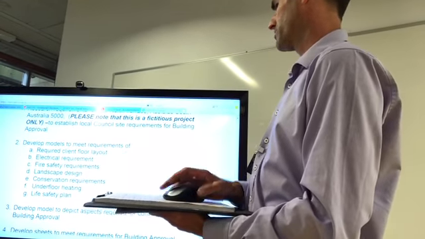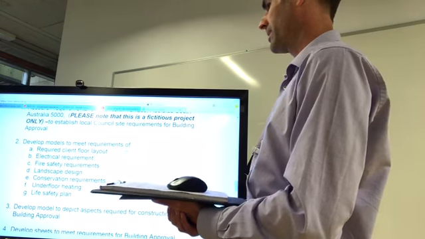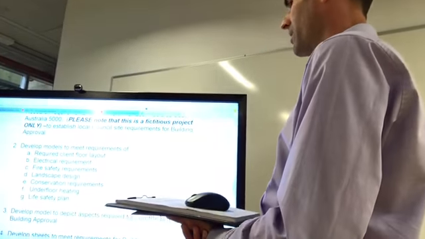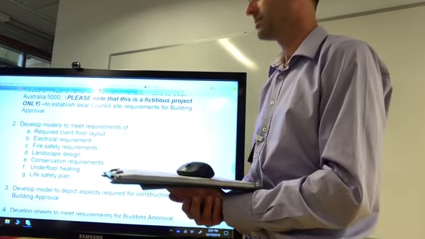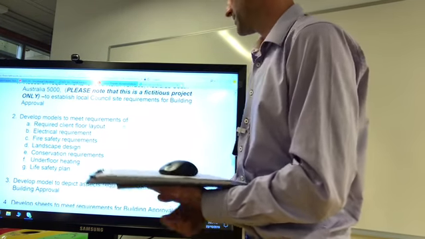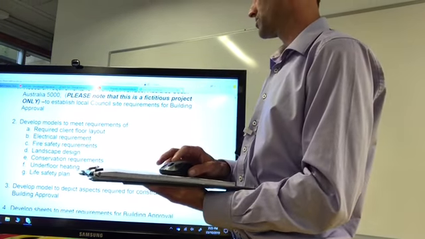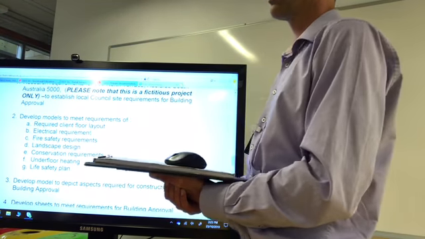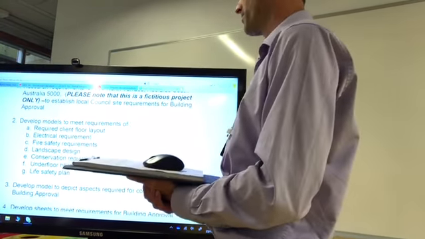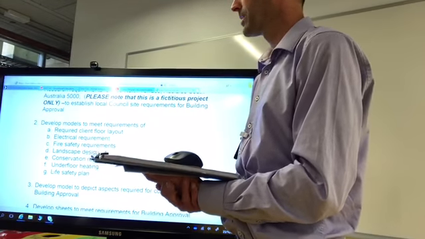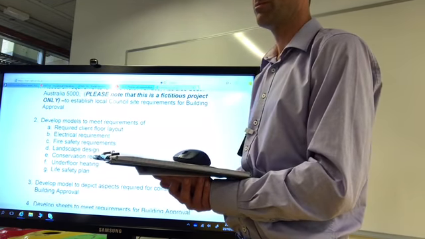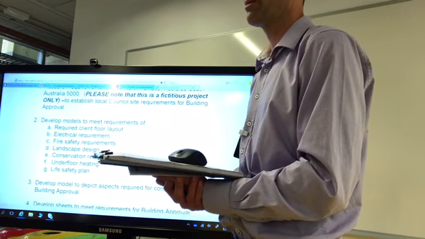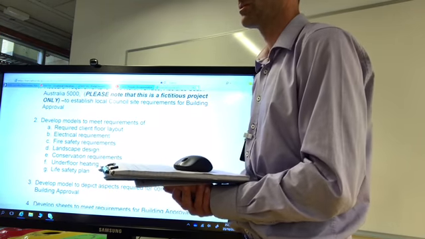So, develop models to meet requirements of required client floor layout, electrical requirement, fire safety requirements, landscape design, conservation requirements, underfloor heating, life safety plan. Previously, I'd gotten students to do a reflected ceiling plan as well to meet that electrical requirement, but because we're doing exit signage and emergency lighting, etc., within our fire plan, we're meeting that electrical requirement as well.